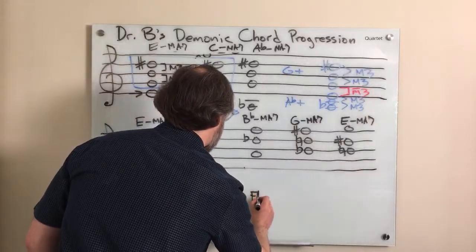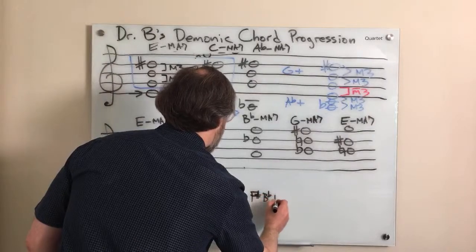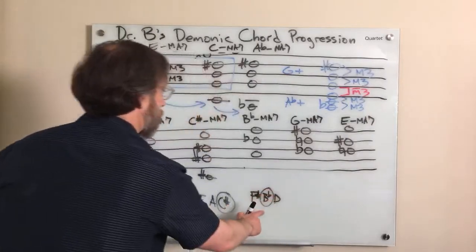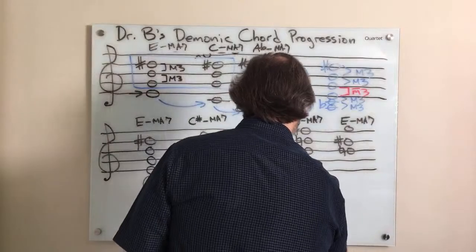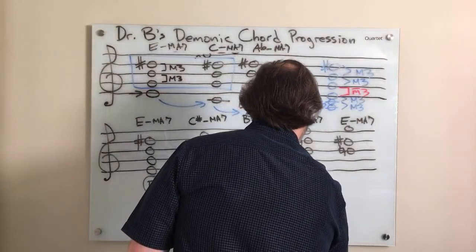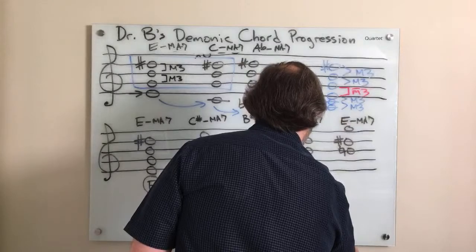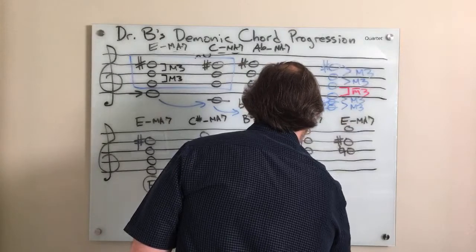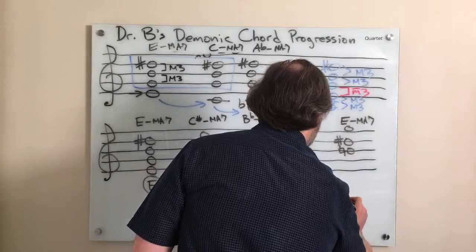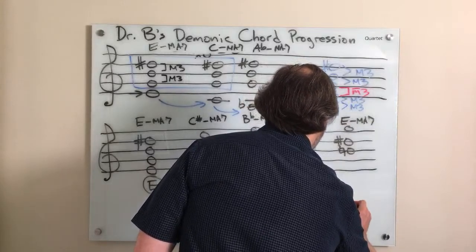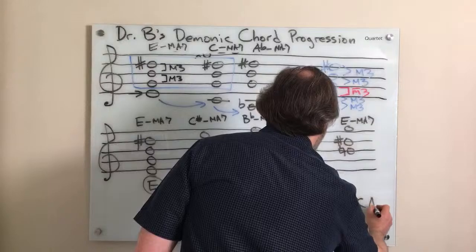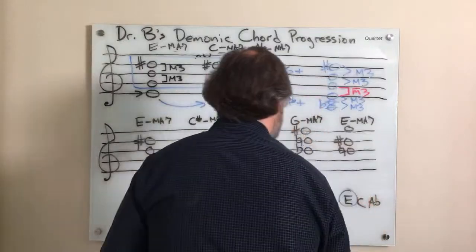So F sharp, B flat, or D. And here I chose the B flat. Here it could be G, B, or D sharp. I chose the G. And then we go back to where we started. And the choices are E, C, or A flat. And I chose the E.